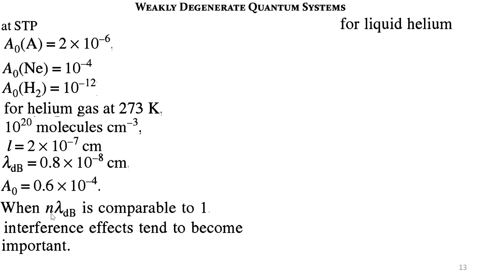So when n is very large, meaning the number of particles per unit volume is large, you have a large density of particles, and lambda de Broglie is also very large. So we have many particles packed in a small volume, and those particles also have a very large wavelength.